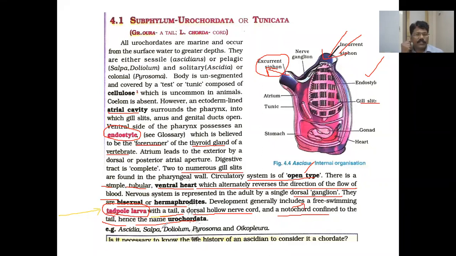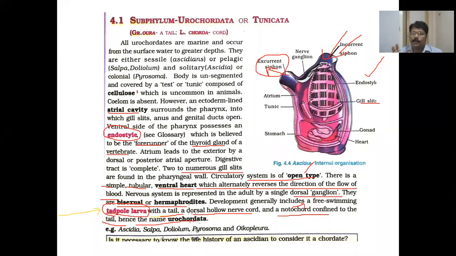So what are the important characters in case of urochordates? We have discussed about the tunic or the tunicin, the cellulose-like material, and the atrial cavity that surrounds the pharynx region, and we have endostyle in the pharynx region, which is a form of thyroid gland in case of higher vertebrates.